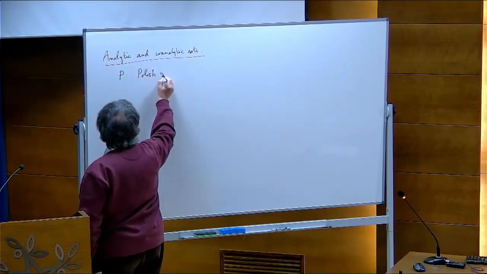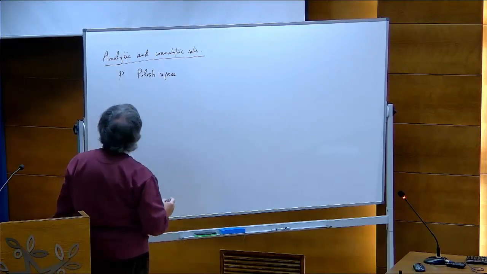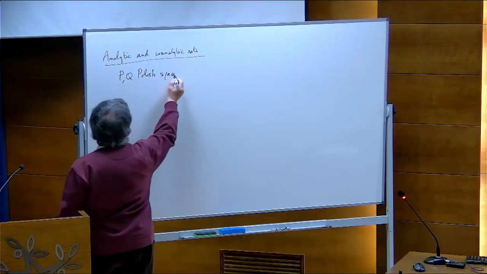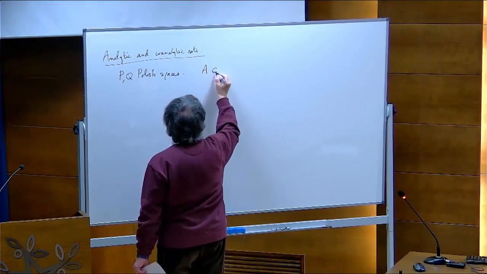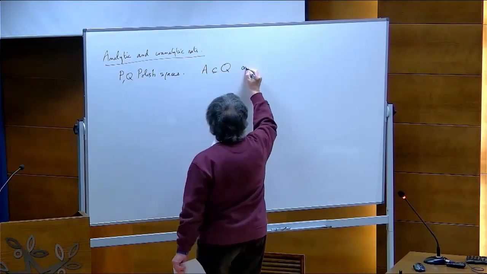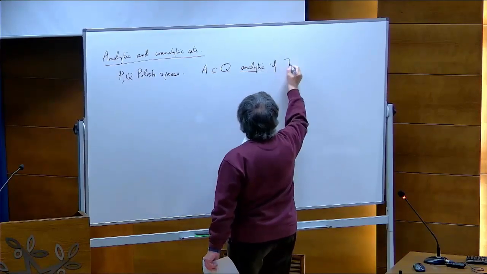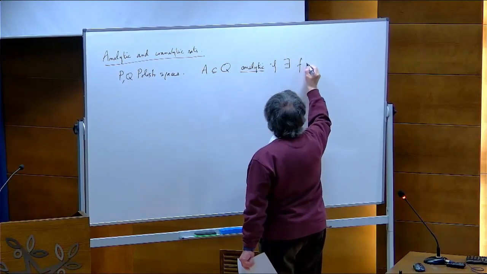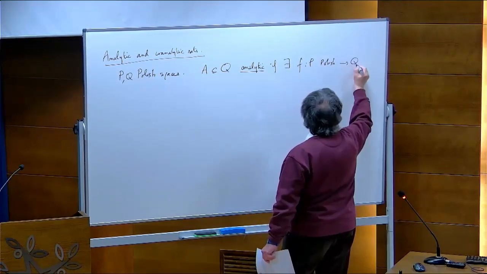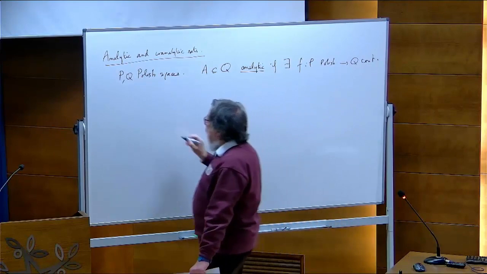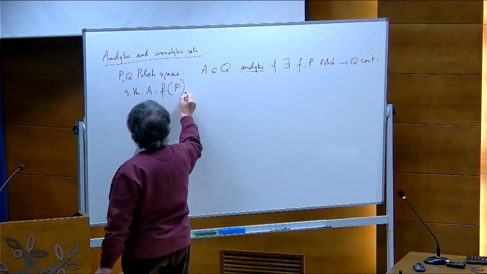Analytic is also a bad word in a sense because it is used for many things. So if P is a Polish space, that is complete, metrizable, and separable, and Q is another Polish space, a subset A of Q is said to be analytic if there exists a continuous F from some Polish space P to Q such that A is actually the range of F. Okay?